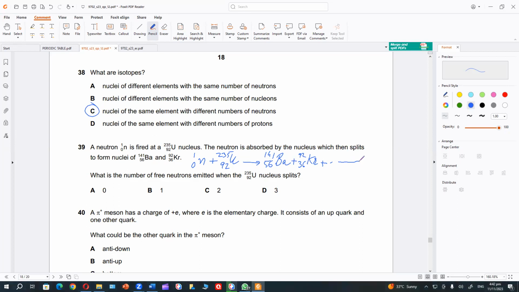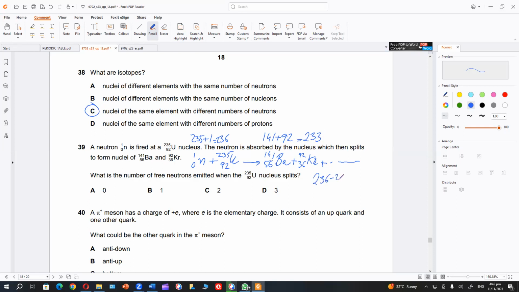So now you can add up: 235 plus 1 is equal to 236. Here it is 141 plus 92. How much is 141 plus 92? 233. 233 and 236.